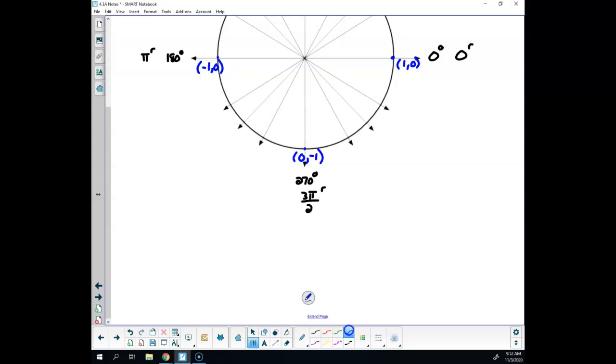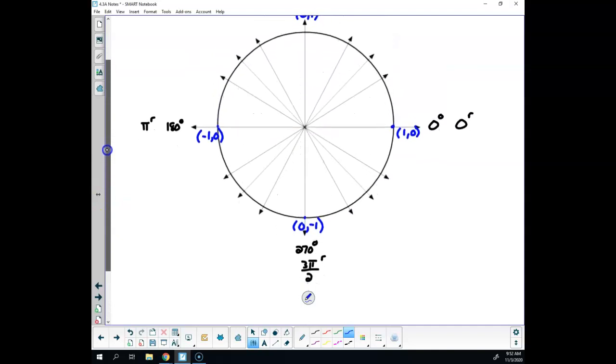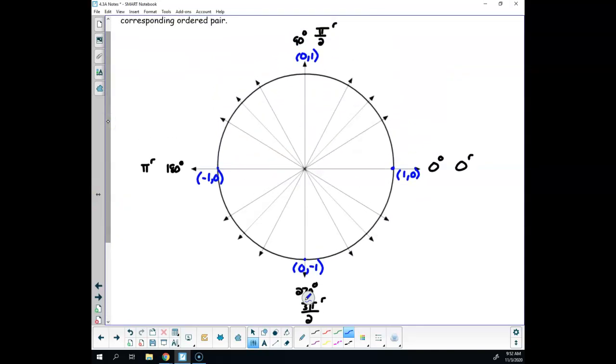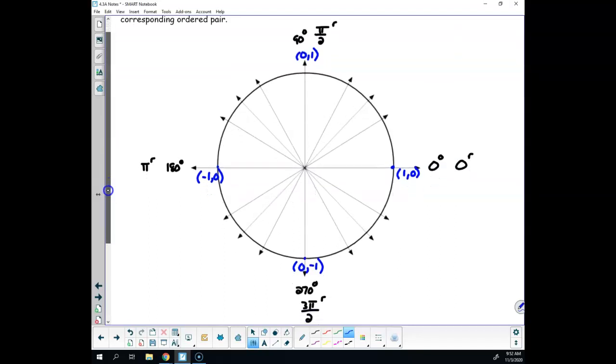Zero, sine, -1. Tangent, undefined there, yep. Yep. Love it. So there we go. All right.